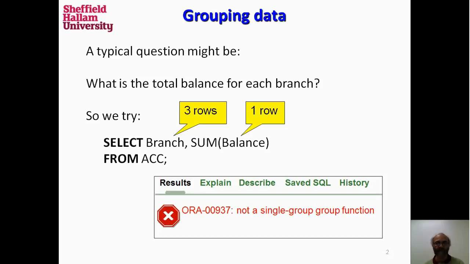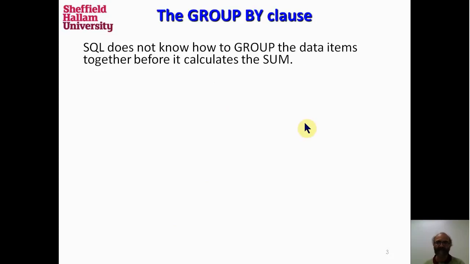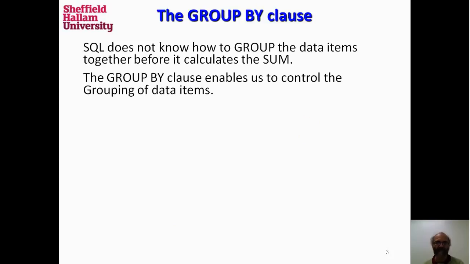To solve the problem, there is a special clause called group by to actually say we want to group data. And it works like this. We use SQL to tell it how to group the data together.